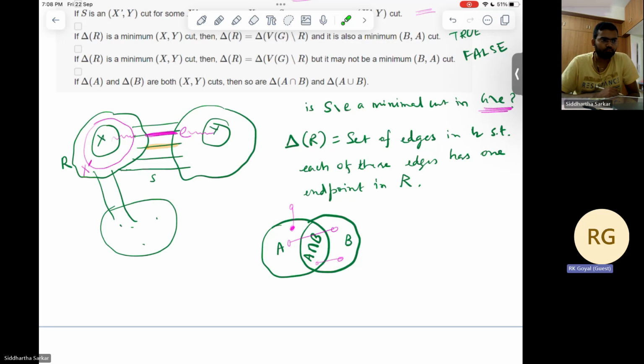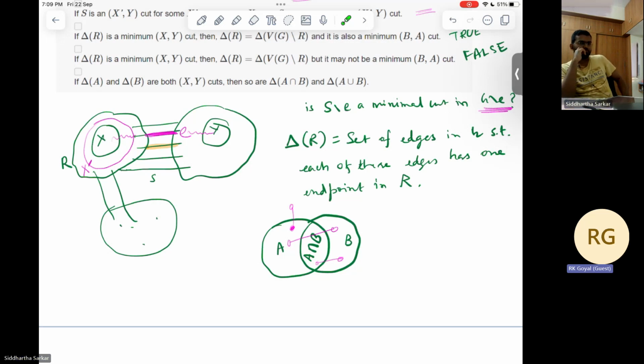Even though this figure is not that clear to me, which you drew here, I could understand something from it: if delta A and delta B both are XY cuts, the cardinality of delta A could differ from the cardinality of delta B, because they need not be minimum cuts.